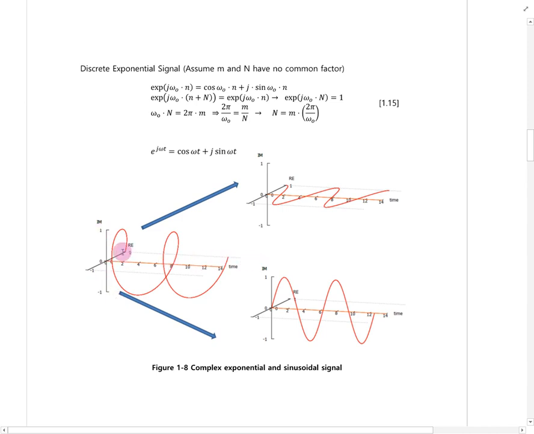Starting from t equals 0, cosine 0 is 1 and sine 0 is 0. So at t equals 0, e to the j omega t equals 1. So that's this point, and the imaginary term is 0. As time goes on, the cosine term is decreasing, but the imaginary term is increasing, so it goes like a spiral.